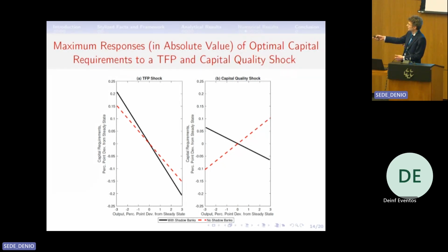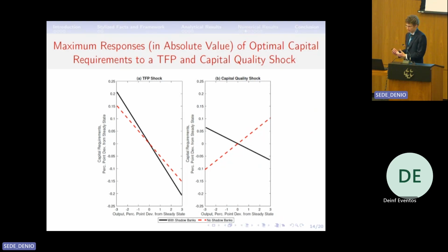But when you look at the capital quality shock, the lines have different slopes, meaning that in the case of a positive capital quality shock, the optimal response is to decrease capital requirements when you take shadow banks into account, but abstracting from shadow banks, you increase capital requirements.